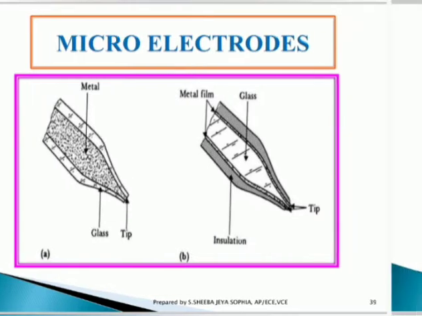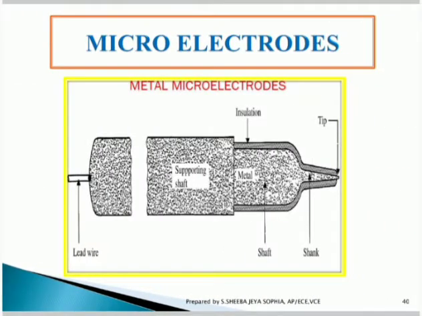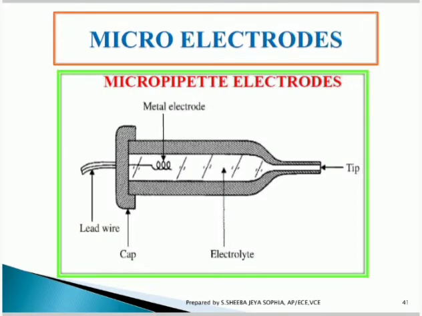The microelectrode has a lead wire, shaft and shank, and proper insulation is given to protect the patient from damage due to electrical contact. A cap is also available in micropipette type electrodes, which provides protection and covers the electrode from exposure to environmental conditions.